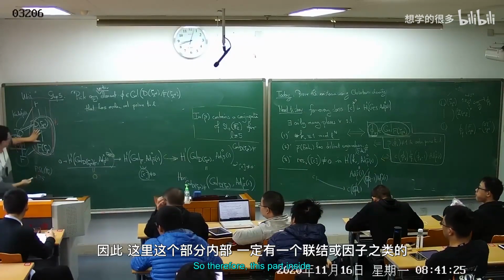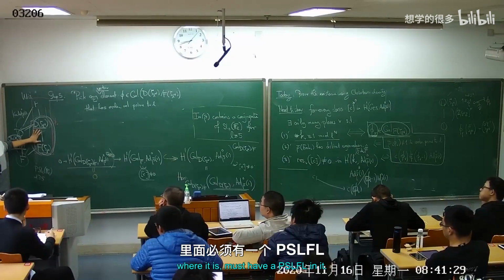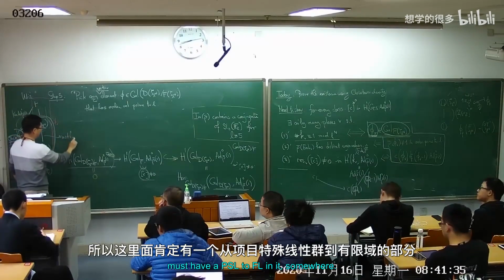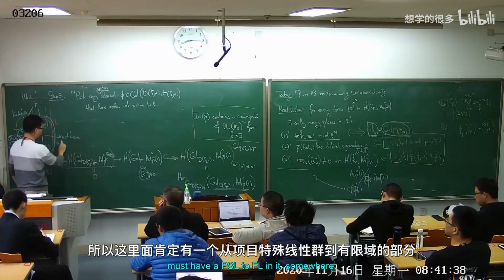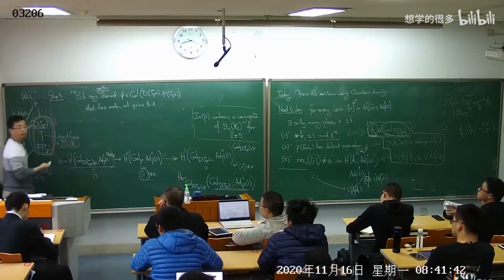So therefore, inside this Jordan-Holder factor, wherever it is, there must be a PSL2(F_L) in it somewhere.